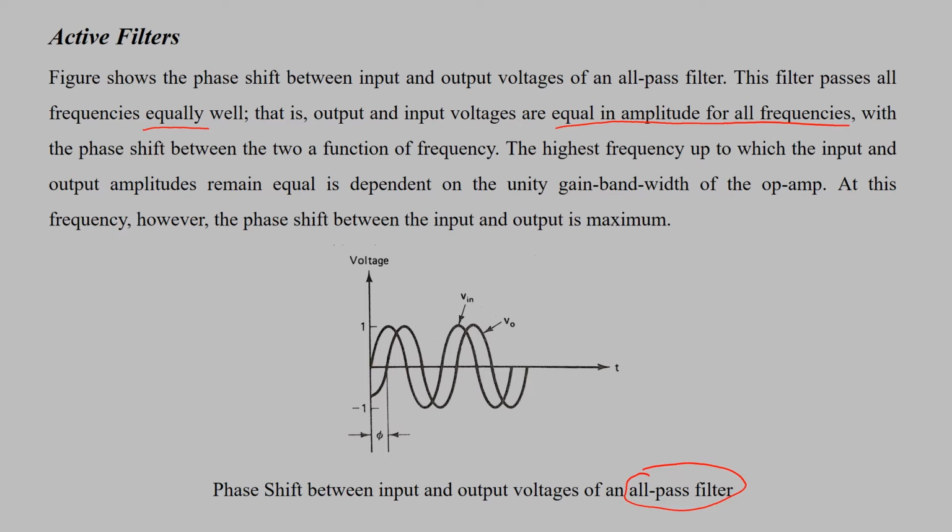The highest frequency up to which input and output amplitude remain equal is dependent upon the unity gain bandwidth. The figure depicts the phase shift; you can see this phi as phase shift. At unity gain bandwidth, the phase shift between input and output is maximum. So it increases as a function of frequency.